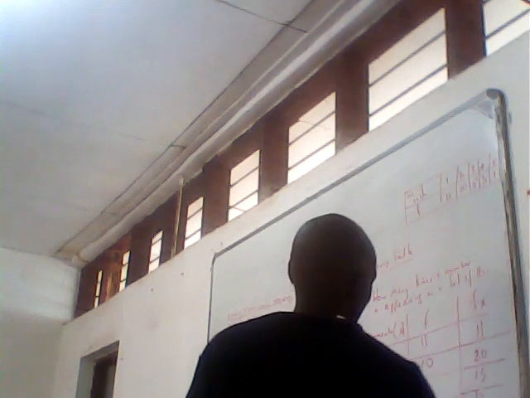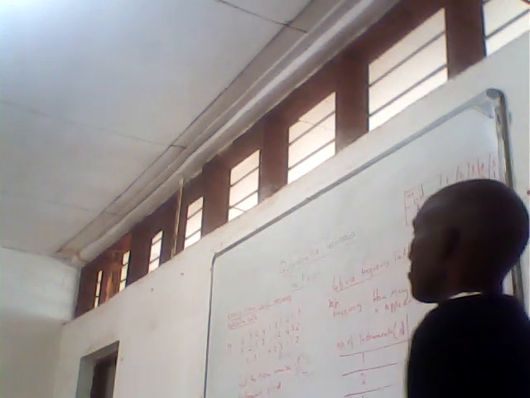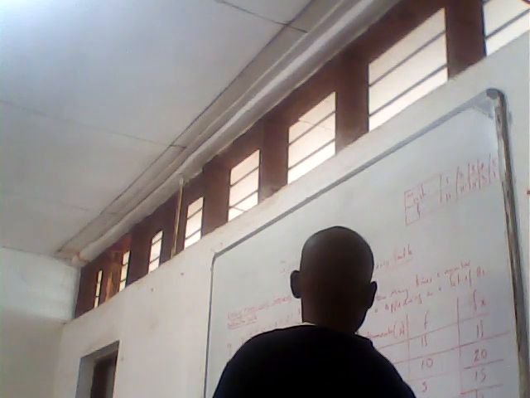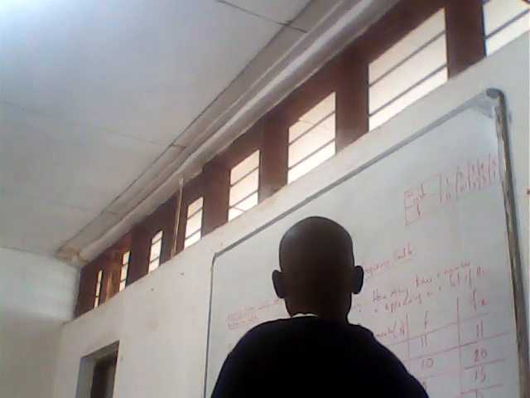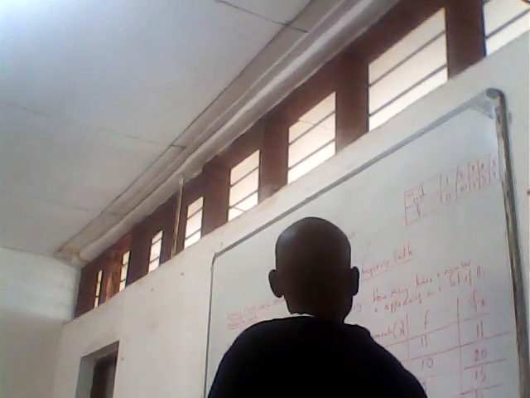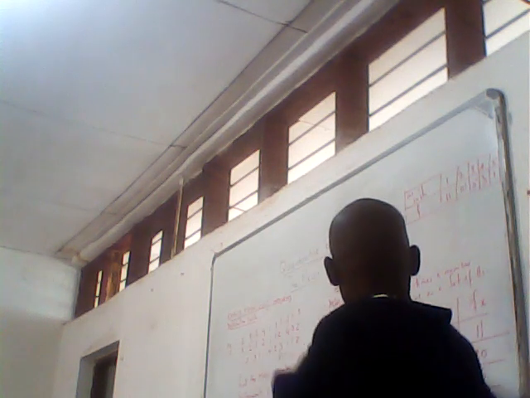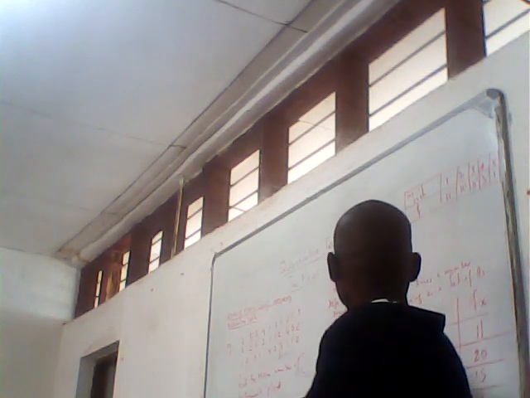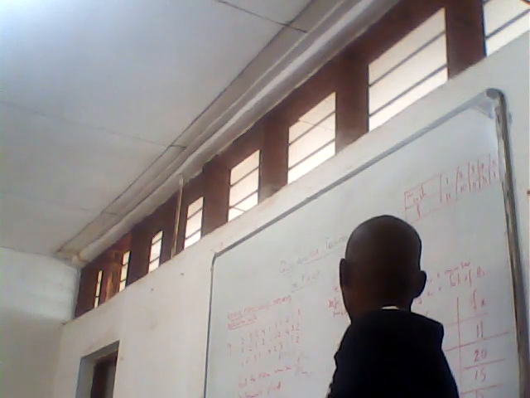Have another line here. You sum your F. Add everything here. If you sum your F, you get how many numbers there are. 1 is appearing 11 times, 2 is appearing 10 times, 3 is appearing 5 times, 4 is appearing 3 times, 5 is appearing once.